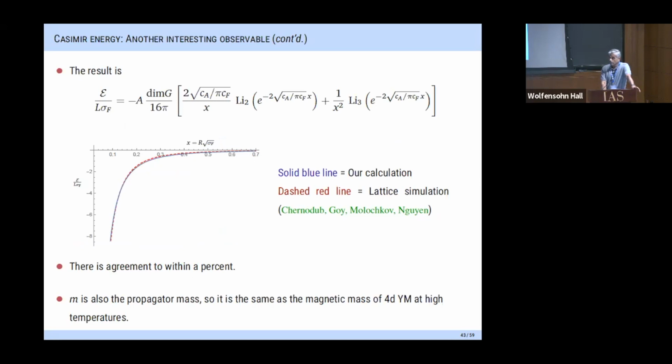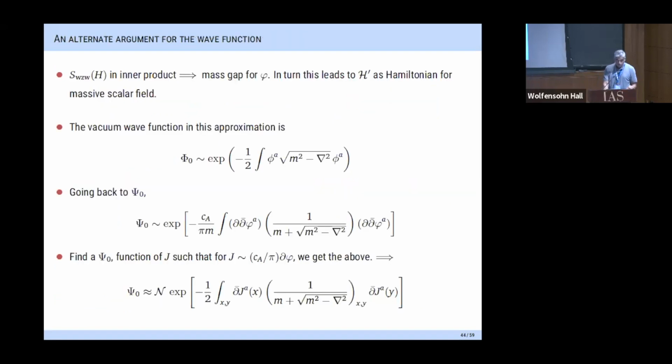And in that context, that is what is called the magnetic mass in the quark-gluon plasma at high temperature. Okay, so this is actually not an empty statement, that this is a quantity that is of physical relevance to us. Okay, so that is the Casimir idea.